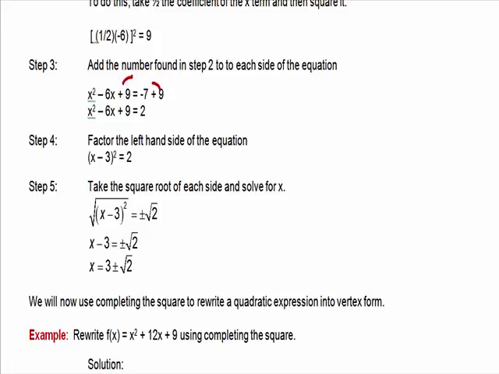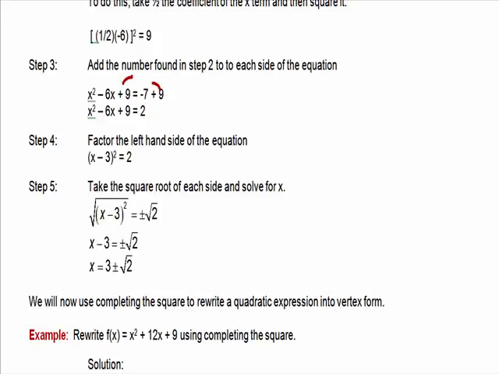By completing the square in this manner, what we get is a left-hand side of the equation that factors into two identical terms, two identical factors. X squared minus 6x plus 9 factors into x minus 3 multiplied by x minus 3, and so we get x minus 3 squared. So our equation ends up being x minus 3 squared is equal to 2.